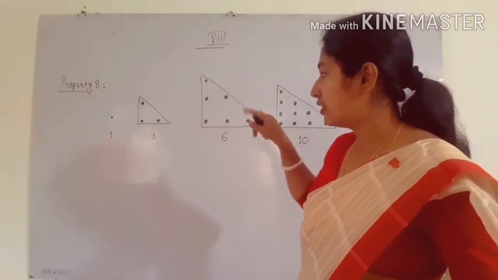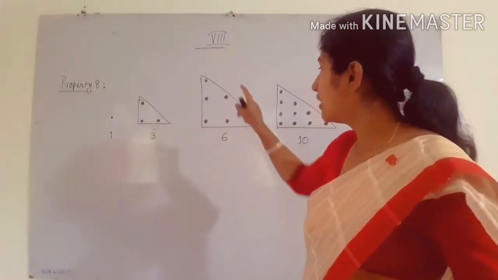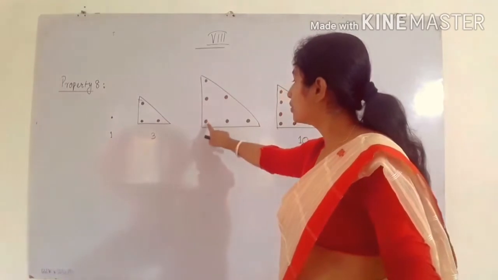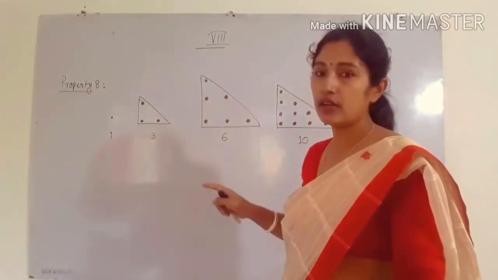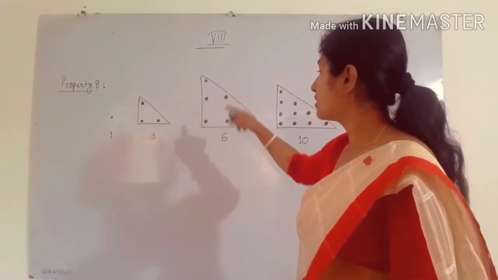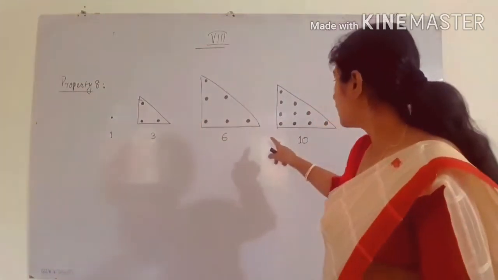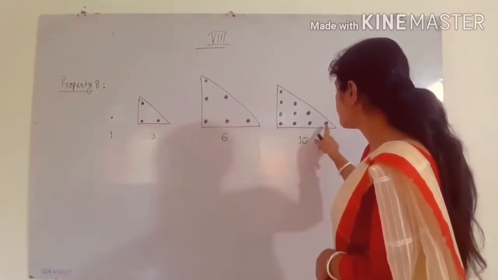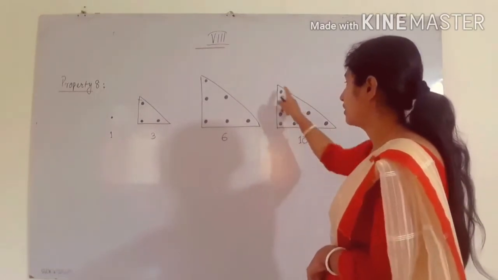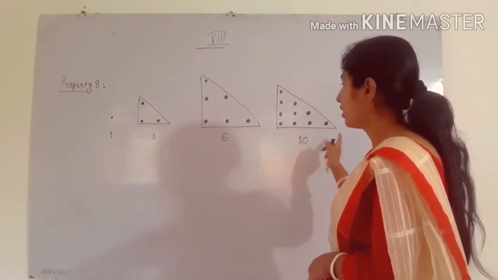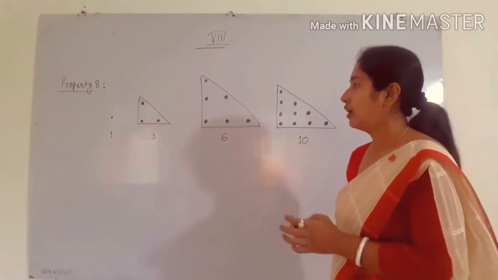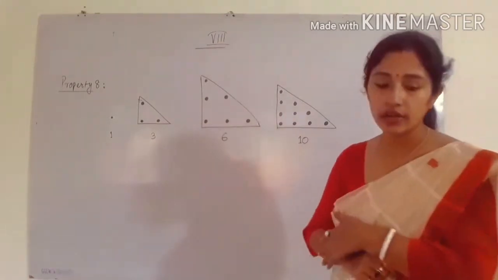So it forms a triangle. Similarly, see here 1, 2, 3, 4, 5, 6 dots are there. So by using 6 dots, again one triangle is formed. Similarly, by using these 10 dots, I have formed another triangle. So these are called triangular numbers.